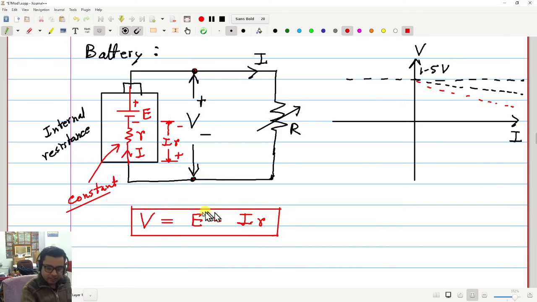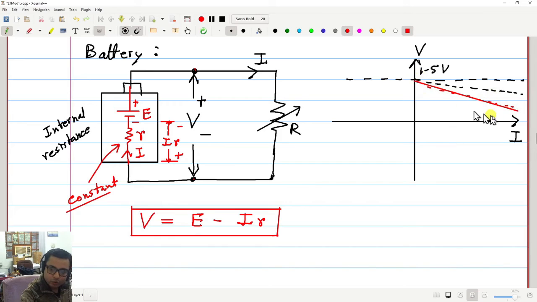E is a constant, R we are treating to be constant. Now how will the graph look like, V versus I? It is a straight line with a negative slope and the intercept equals the EMF. So that line will be like this.